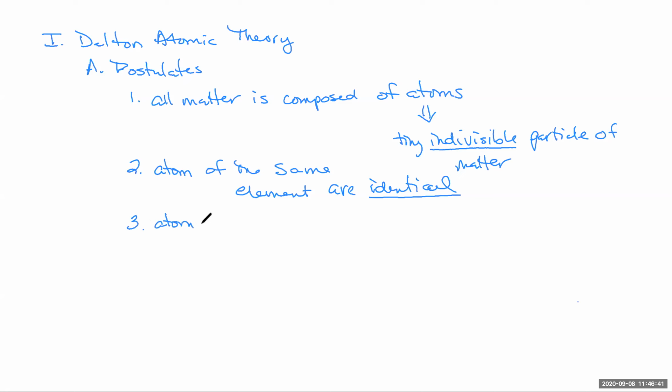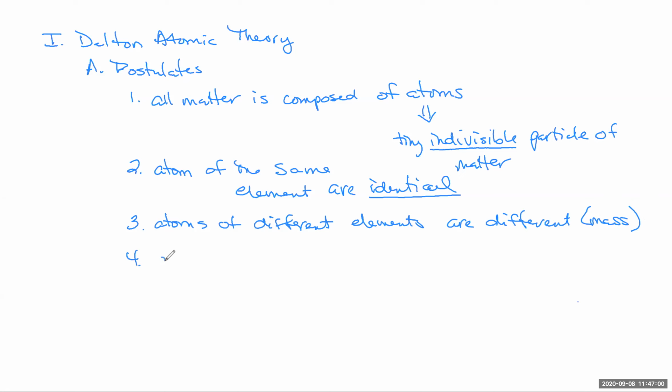He said atoms of different elements are different. He actually thought that was going to be different in mass. However, they differ in a different way in addition to differing in mass.